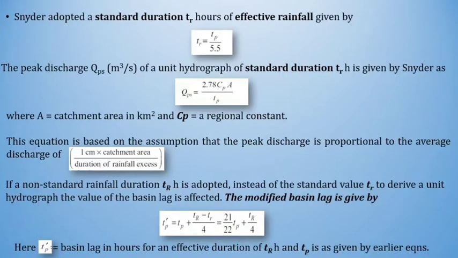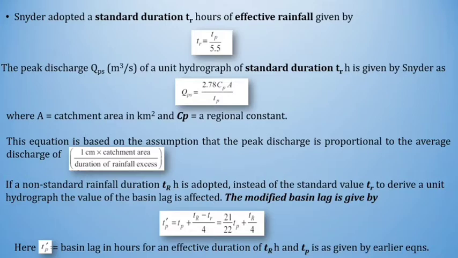If a non-standard rainfall duration T suffix capital R hour is adopted instead of the standard value of T suffix small r to derive a unit hydrograph, the value of the basin lag is affected.